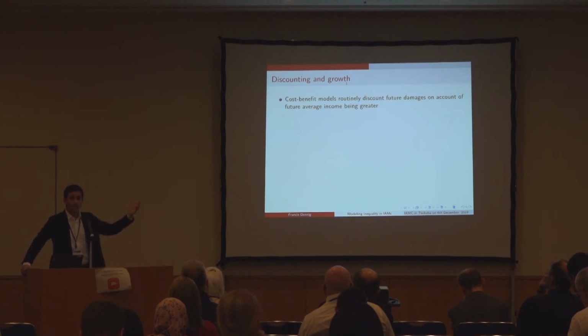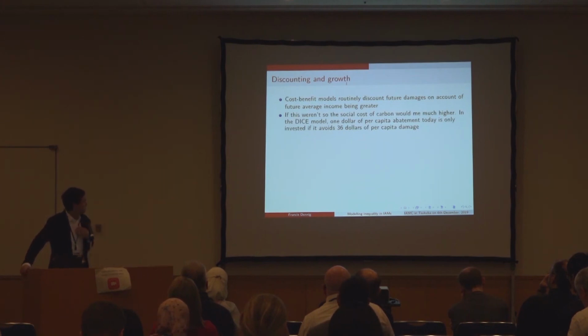And so marginal damages that accrue in a century are in some sense valued at less, right? If we didn't value damages less on account of average income being higher, then the social cost of carbon would be much higher than the numbers that we know.